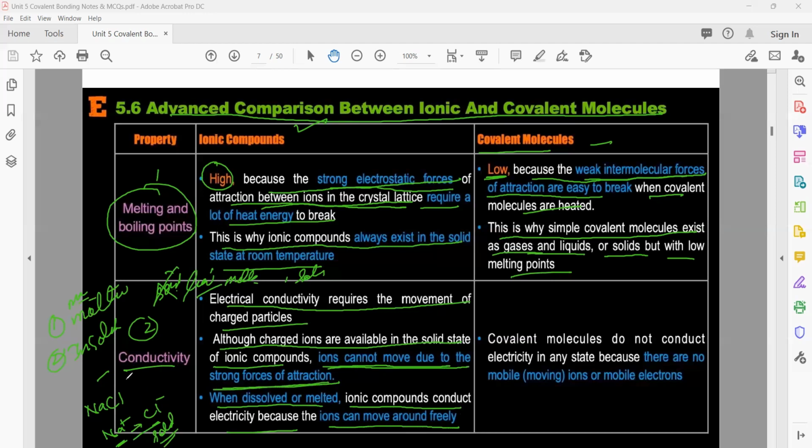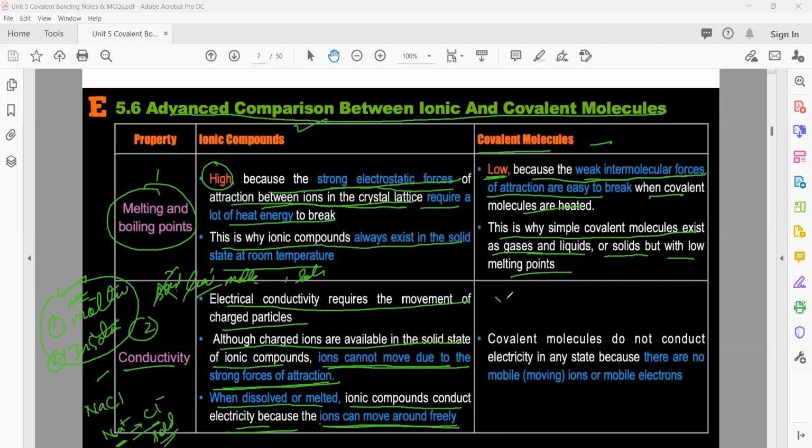And if the question comes why they conduct electricity when they are molten or in solution, you can say ionic compounds conduct electricity because ions can move freely in molten and solution.